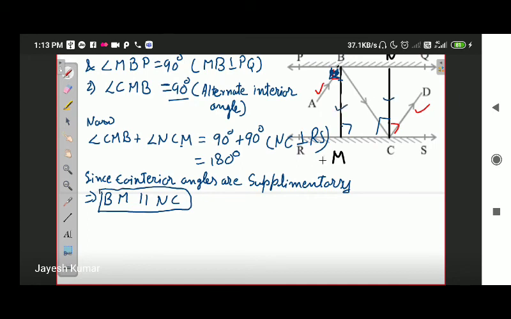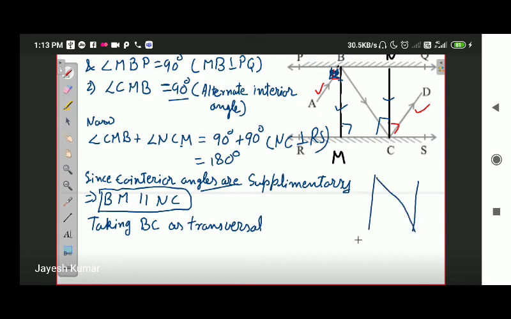Now I am going to draw the diagram again to show you clearly, focusing only on this part.